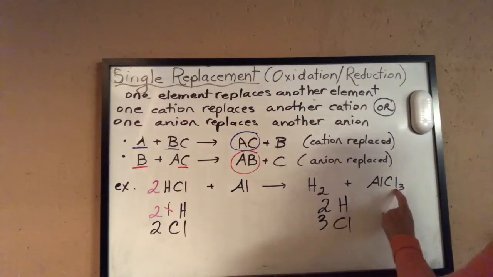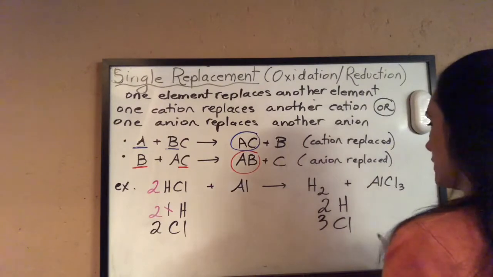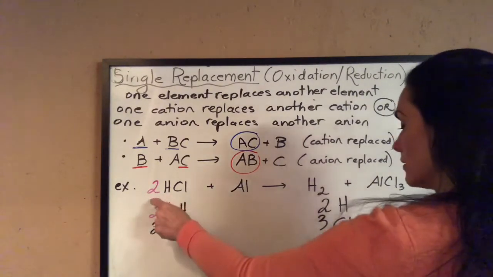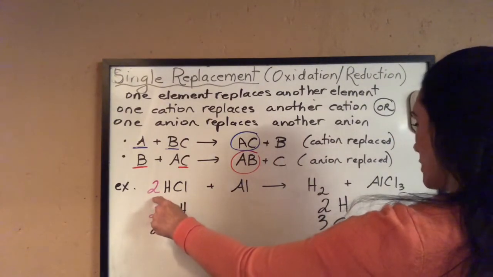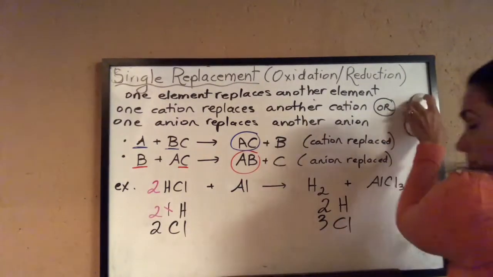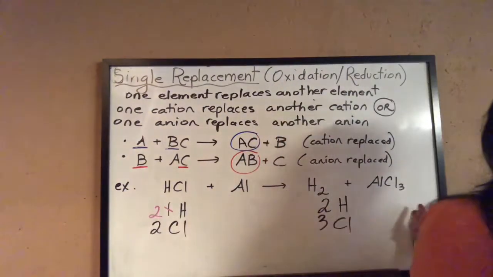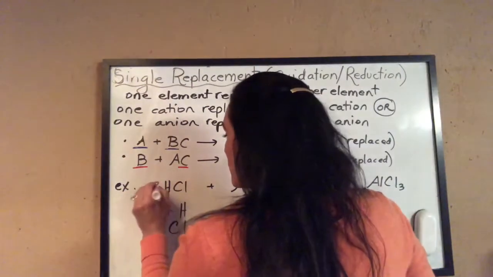Well, if this is 3 and I have 2 here, you say, well, 2 didn't work, so I probably should go up to maybe try 3, because 2 didn't work to balance out the chlorines. So try 3.